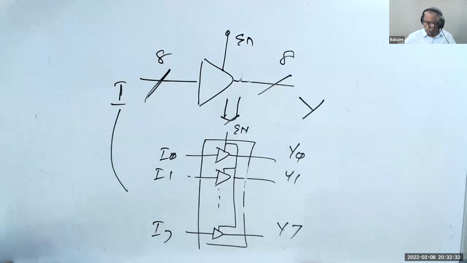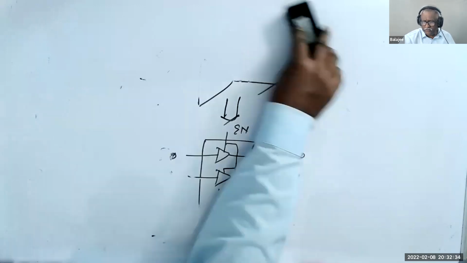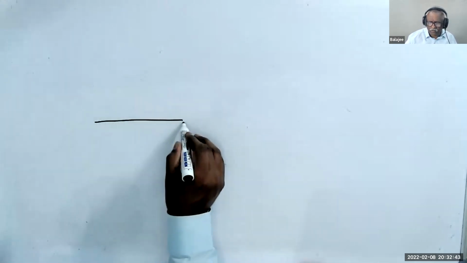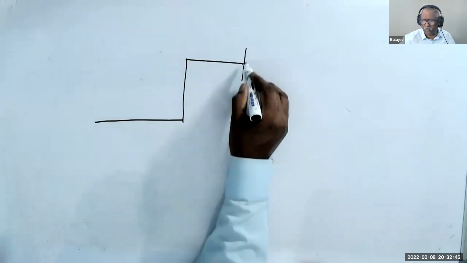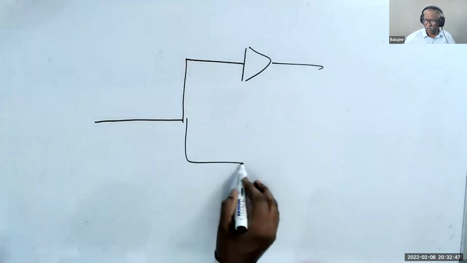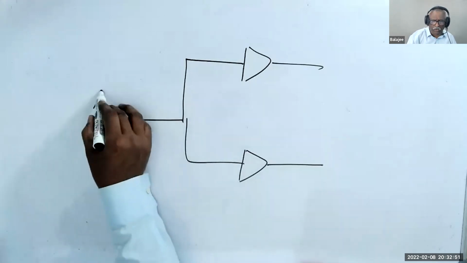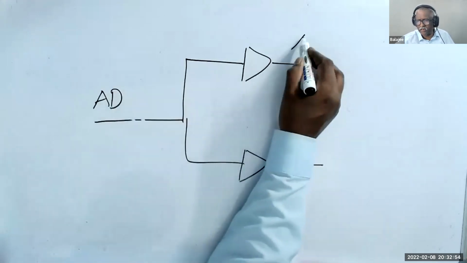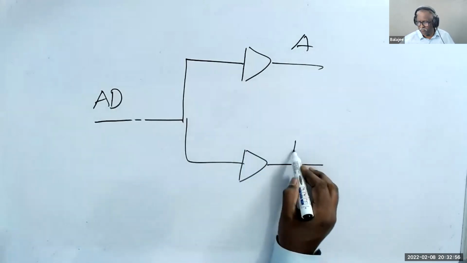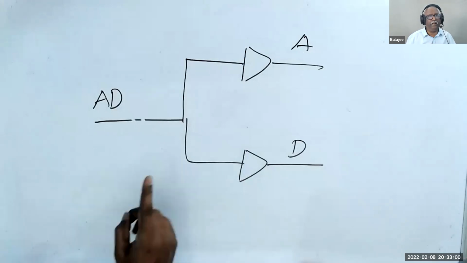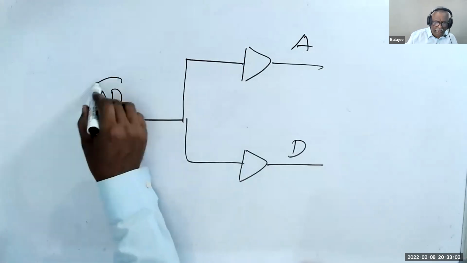So now let us do it like this. For example, I have a signal that comes here. Let's say this is called AD.